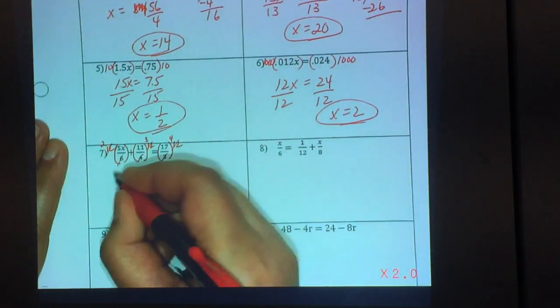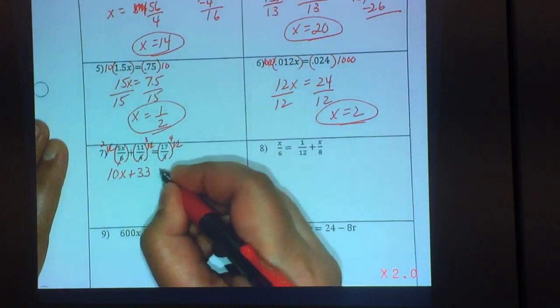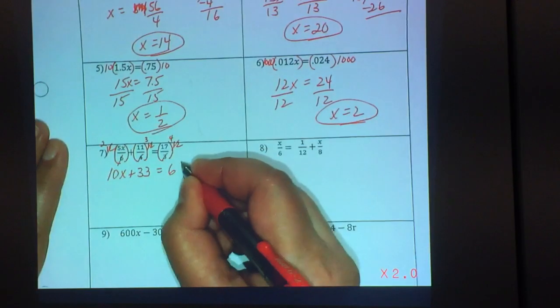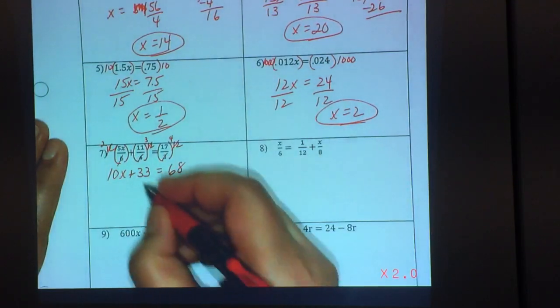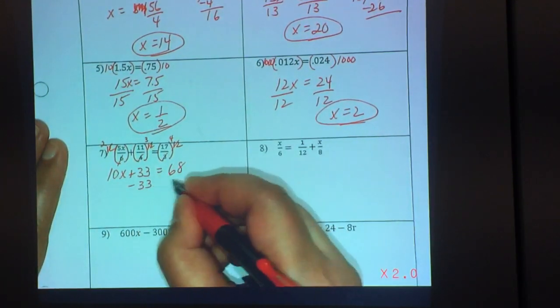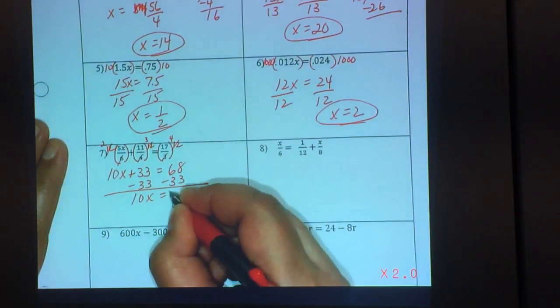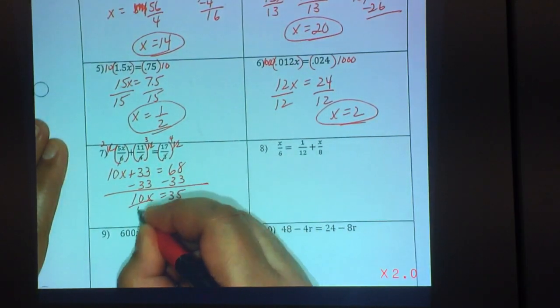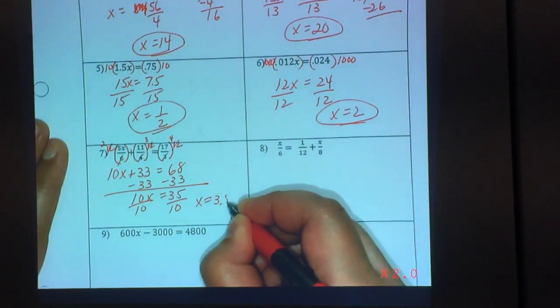So 2 times 5x is 10x. 3 times 11 is 33. And 4 times 7 is 28. We're going to minus 33. 10x equals 35. We'll divide by 10. X equals 3.5.